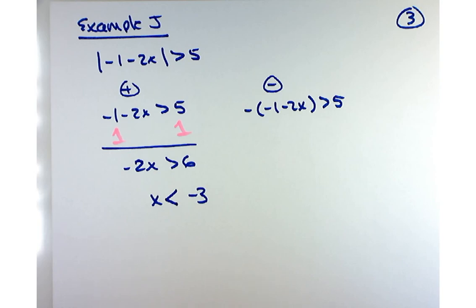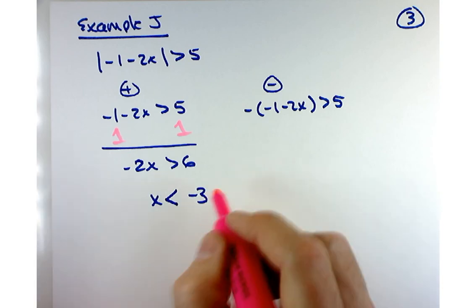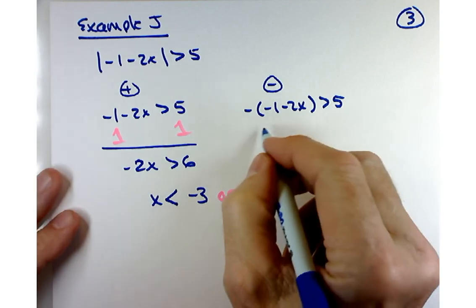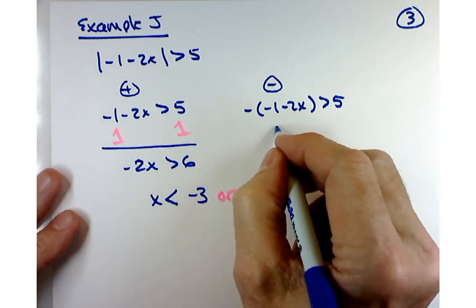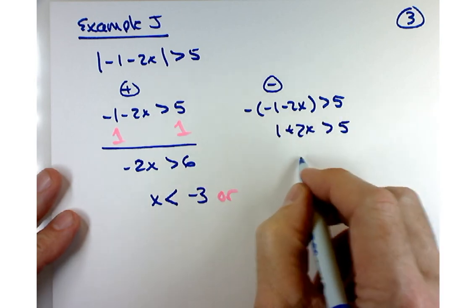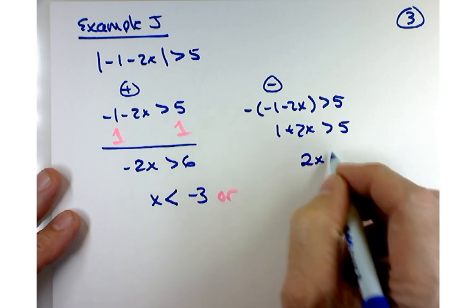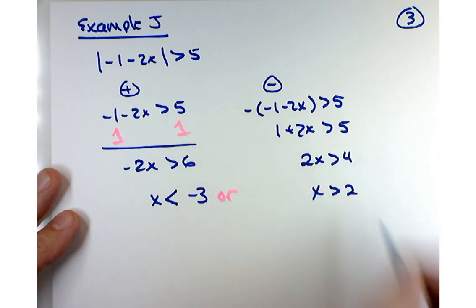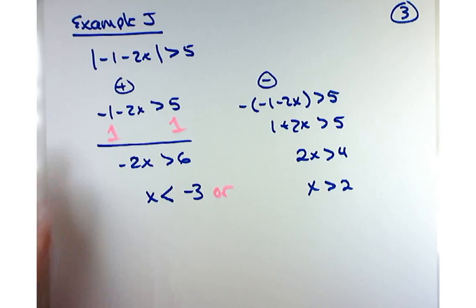Nice. So this, or, because remember there's an or between these things. If I distribute the negative 1, I get 1 plus 2x is greater than 5. So subtracting 1, I get 2x is greater than 4, or x is greater than 2. So one or the other.